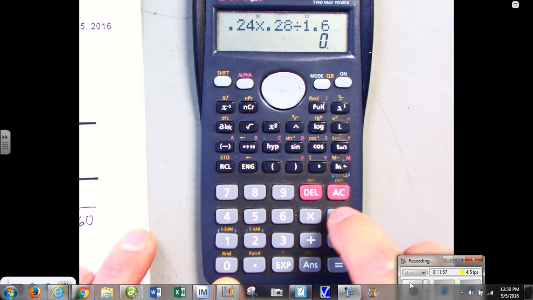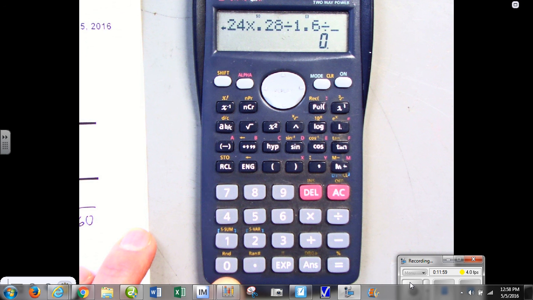Just hit the divide sign before you put in any number that is on the bottom of a fraction where you have several numbers both top and bottom. It will always work out, and you can do it in any order. If the number you put in is on the top, you hit the times sign before you input the number. If the number you want to put in next is on the bottom, then you hit the divide sign.